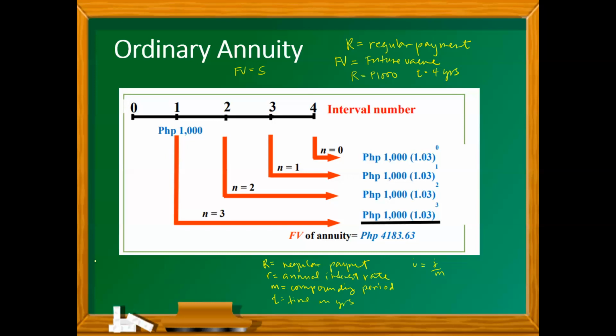Now, this will come up with the future value equals R plus R times quantity 1 plus i, plus again R times quantity 1 plus i to the second, plus R times quantity 1 plus i to the third, and so on until R times quantity 1 plus i to the n.